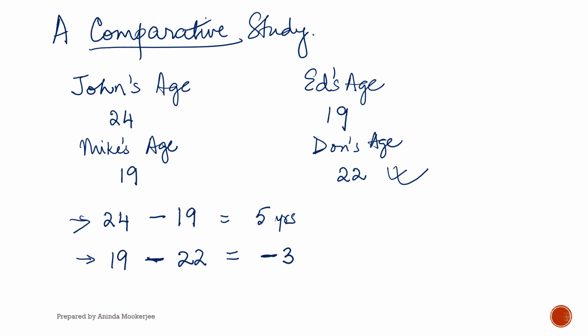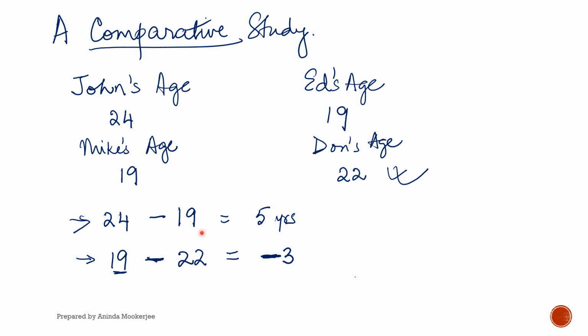So when we take a difference and we get a negative result, that means the first value is smaller than the second value. If we take the difference and get a positive answer, that means the first value is greater than the second value.